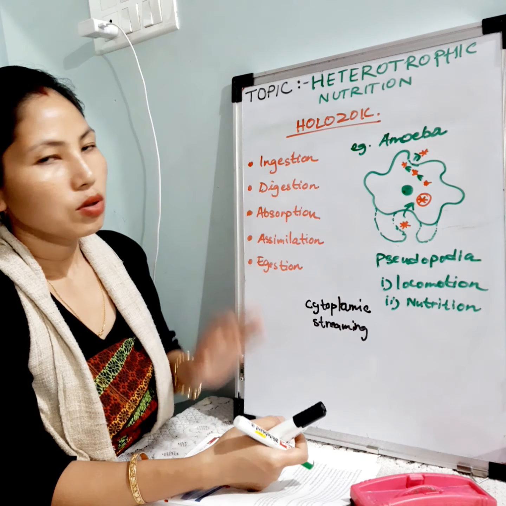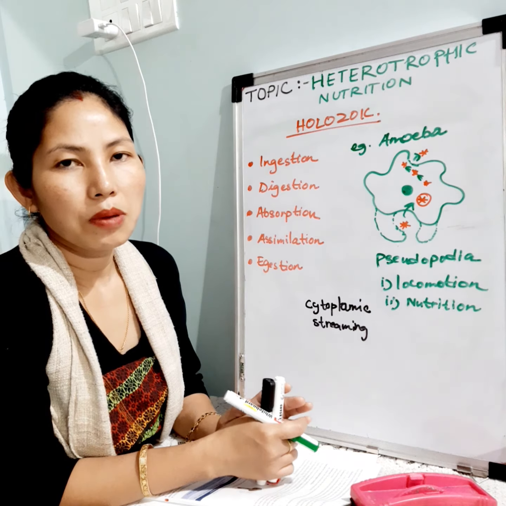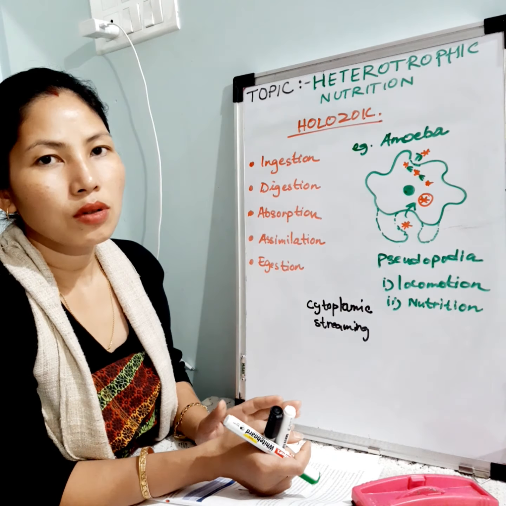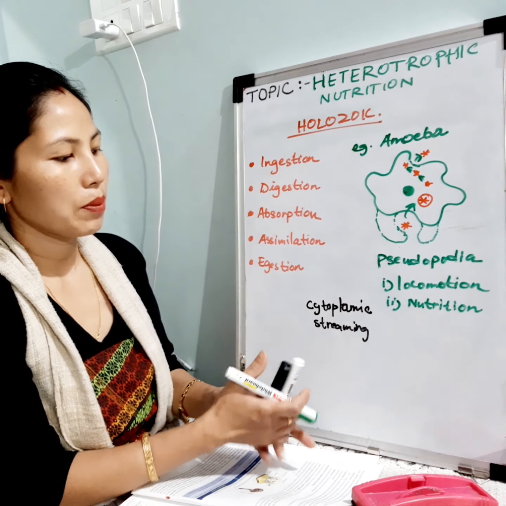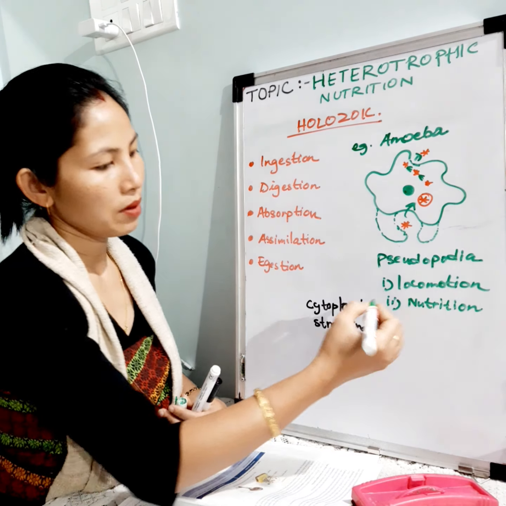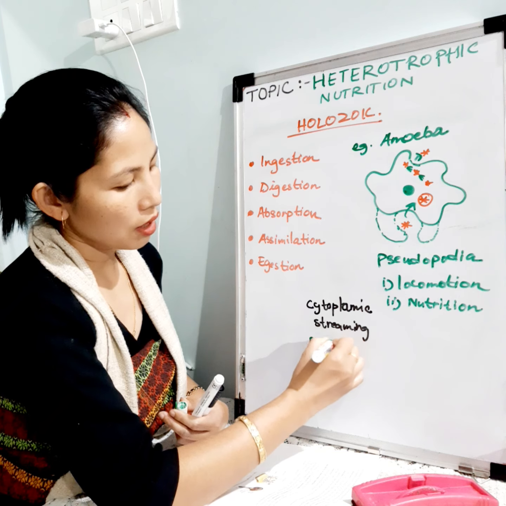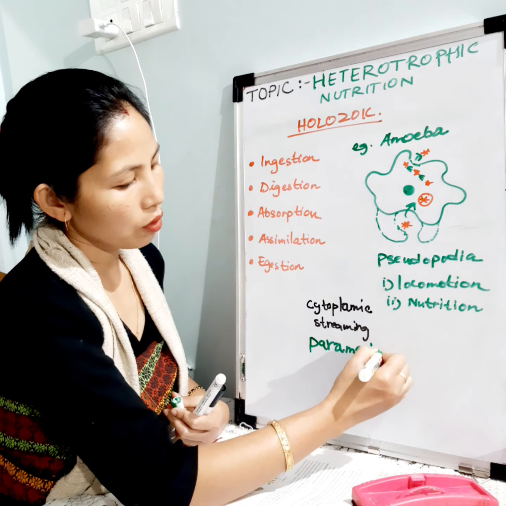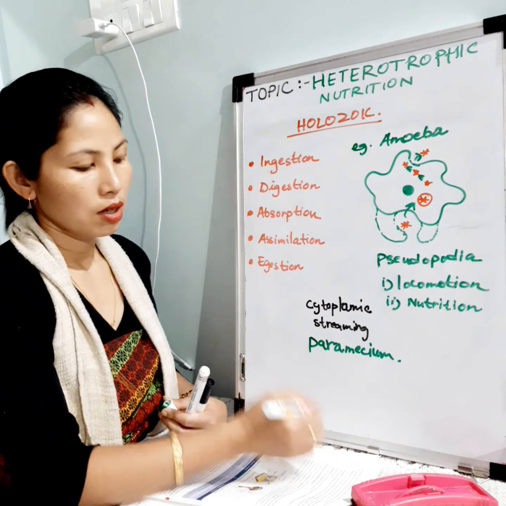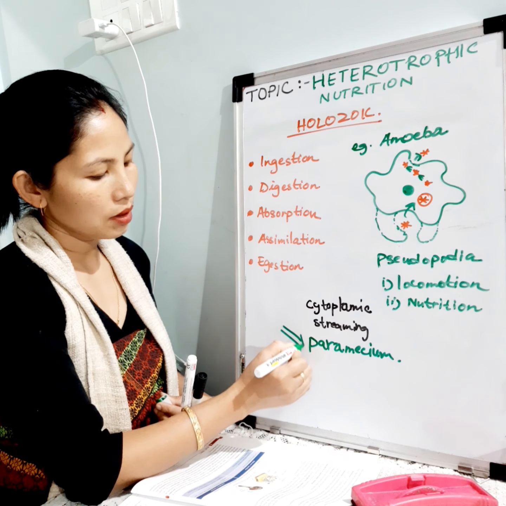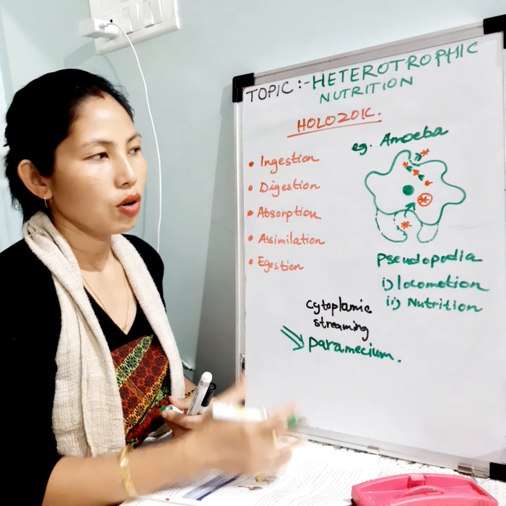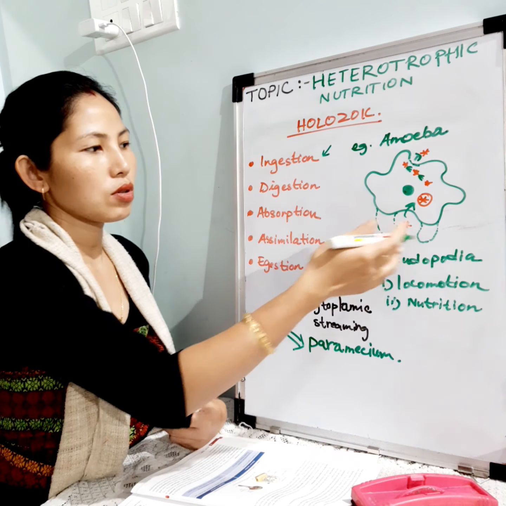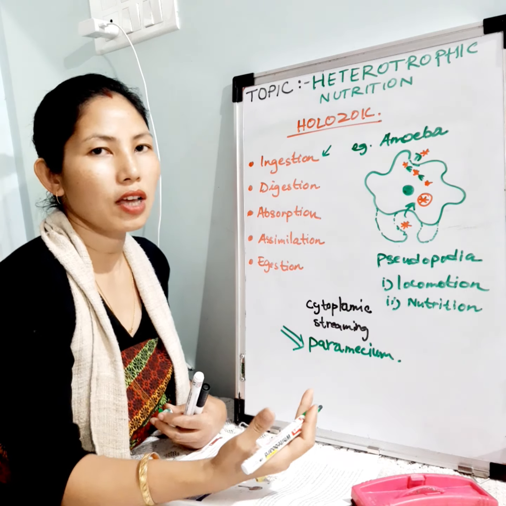Now this holozoic nutrition occurs not only in amoeba; in other unicellular organisms the same steps are followed, but in a different way. For example, Paramecium is another protist which also follows the holozoic mode of nutrition, but Paramecium does not have pseudopodia, so for ingestion it does not use them.